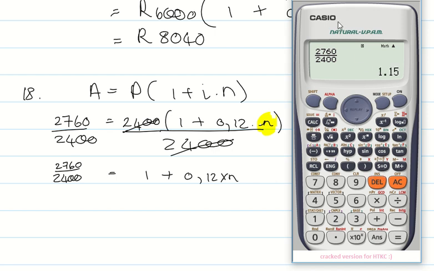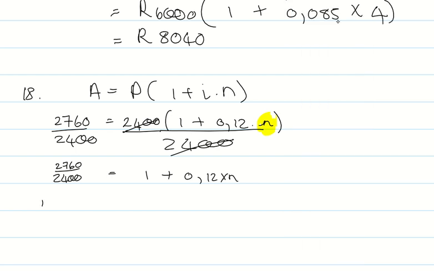Alright, so 1.15. And then I want to get rid of this 1 here. So I take it over to the left hand side. It's plus 1 on this side, so it becomes negative 1 on the left, equal to what remains here: 0.12 times n.